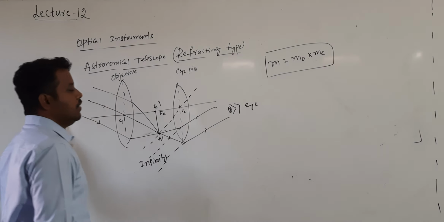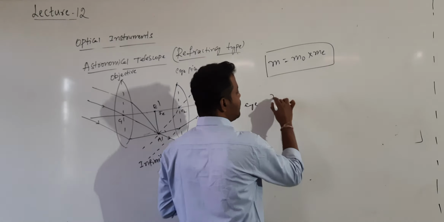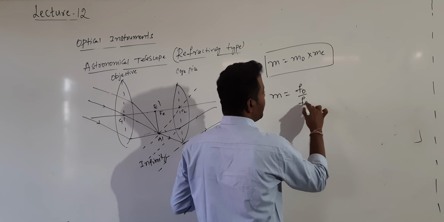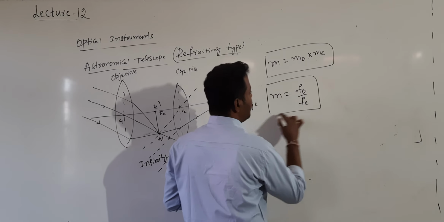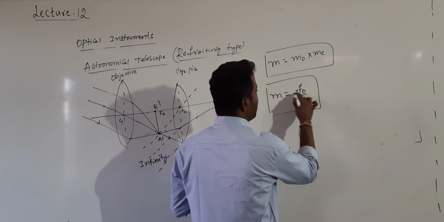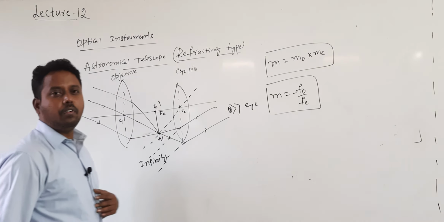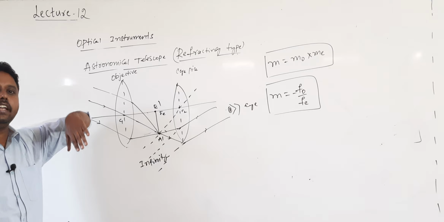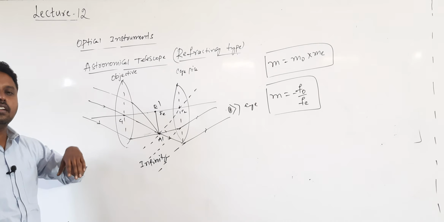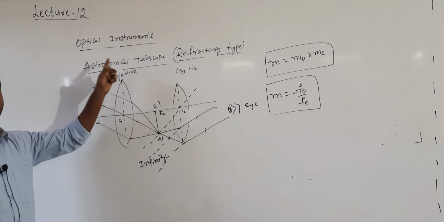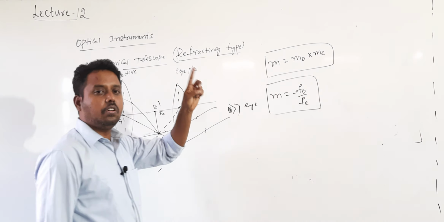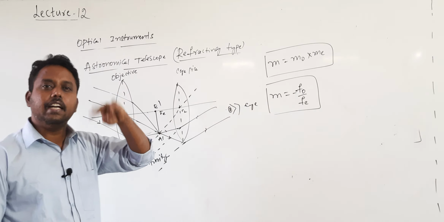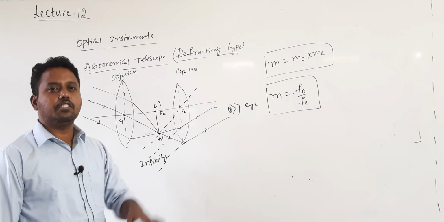Here, after simplification, the magnification will be f0 divided by fe, with a minus sign. And one more important point here is that the final image formed by this astronomical telescope at infinity is inverted with respect to the object. Generally, a pair of two more lenses will be used to get an erect image in the case of the terrestrial telescope.